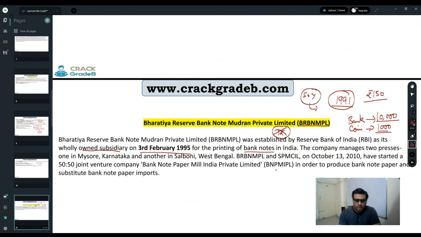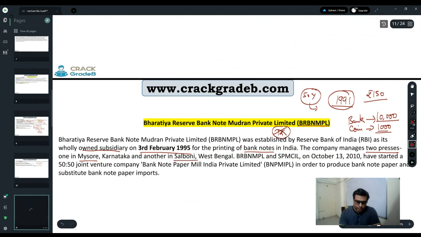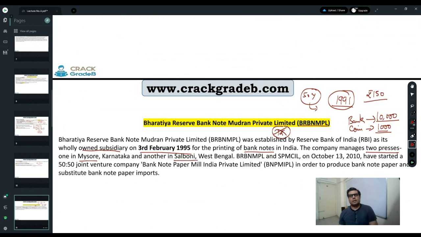So this company, Bharatiya Note Mudran Private Limited, has two presses, in Mysuru and Salboni in West Bengal. Apart from that, there are many other presses. For example, in Dewas, you have a press unit where the notes are being printed and issued.